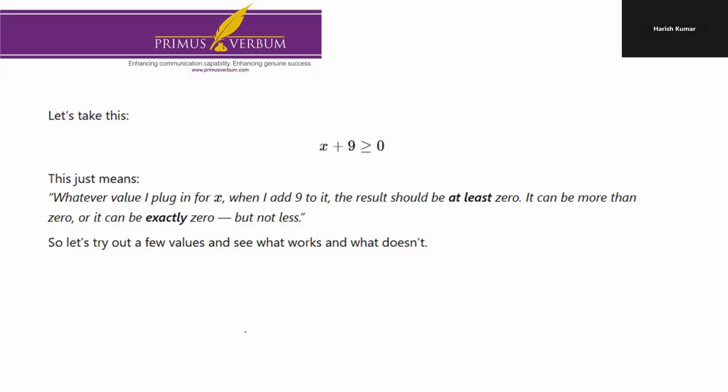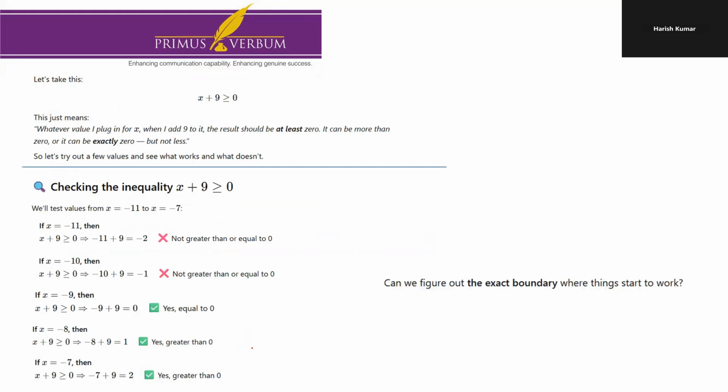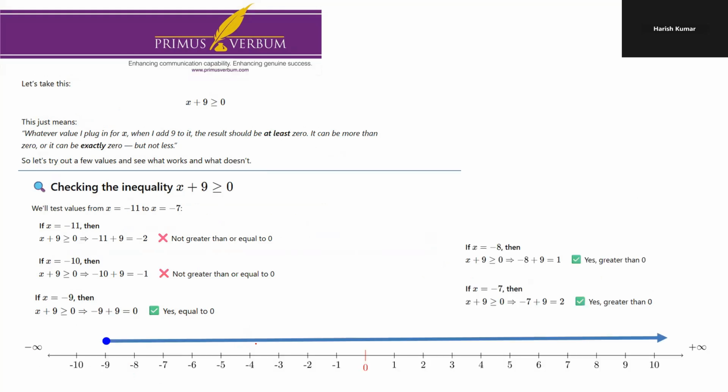Now let's do the same thing with x plus 9 greater than or equal to 0. In the previous video, we had substituted different values of x, found out the exact boundary where things started working, and then plotted it on the number line. Now we'll do it algebraically.